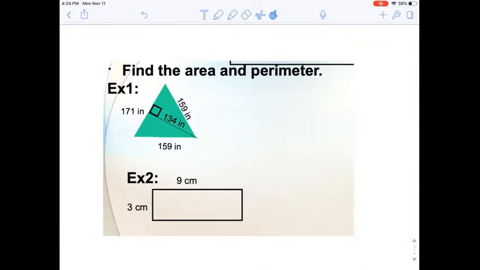Okay, some example problems. Find the area and perimeter. What is the area formula for a triangle? The area of a triangle: area equals 1/2 base times height. So now we need to plug in what we know.